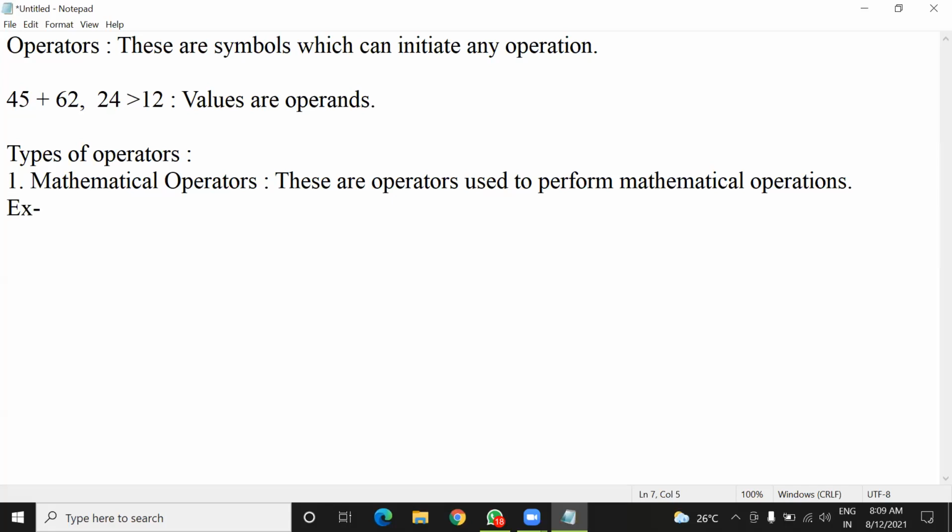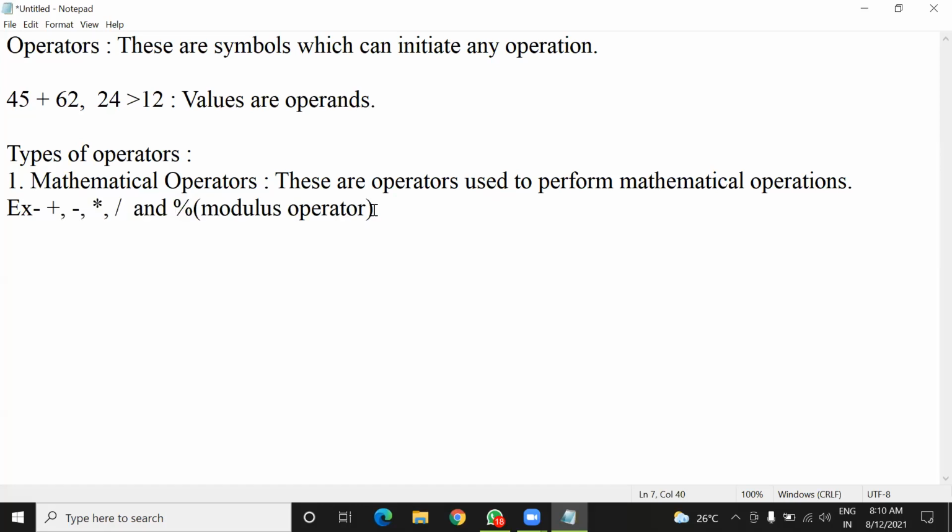For example, plus, minus, multiply, divide, and the last one is the percentage symbol, which in mathematical operators is known as the modulus operator. So these are the operators under the category of mathematical operators.